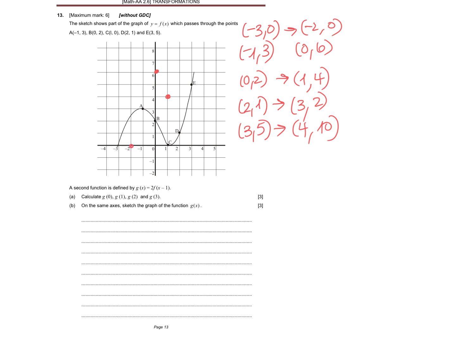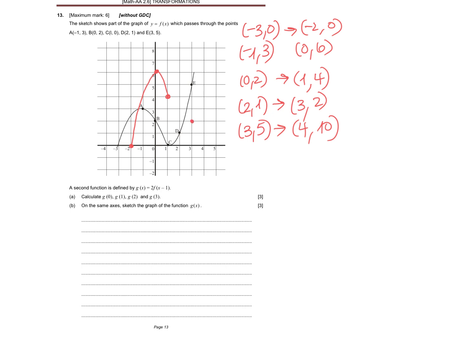So here, so we're going to go up like this and down. Here we are at 1, 4. That's B. And then we've got 3, 2 here.